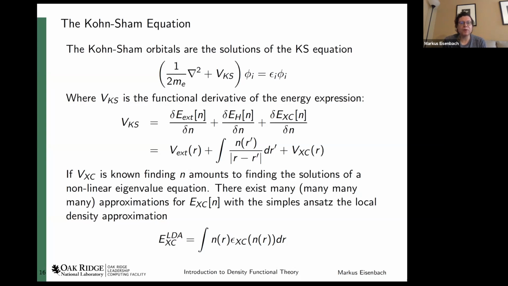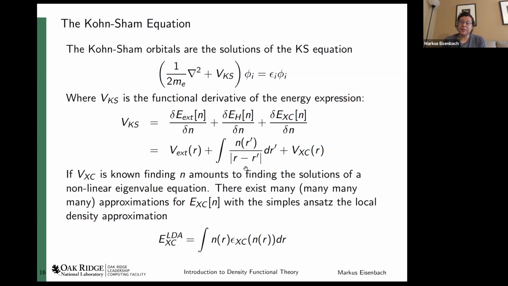Now, what are the potential terms that enter here? We have the external potential. We have the Hartree potential. And finally, the exchange correlation potential, which is the functional derivative of the exchange correlation energy with respect to the density.